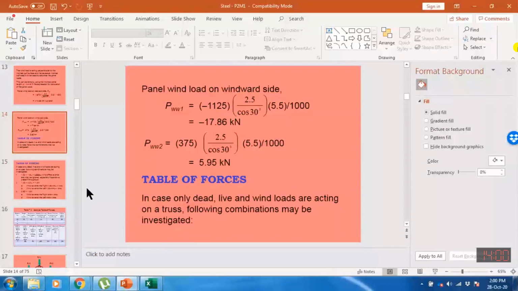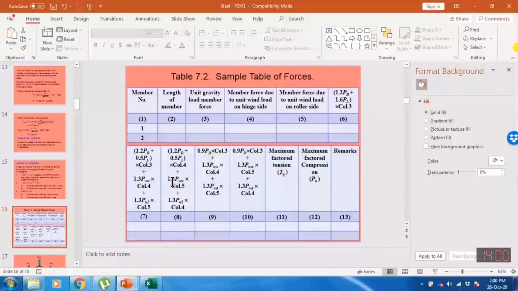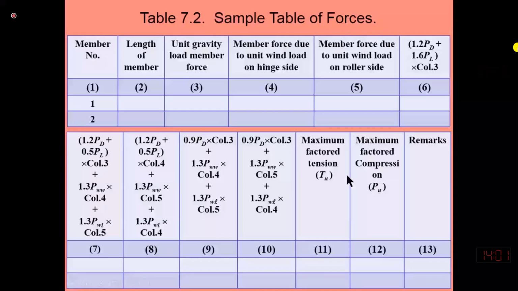Or what you can do, if you don't want to make four tables, you just need to add four more rows. Add these four rows more. So in these four rows, what will be the difference? In the first four rows, that will be PWW1, PWW1, PWW1, PWW1.